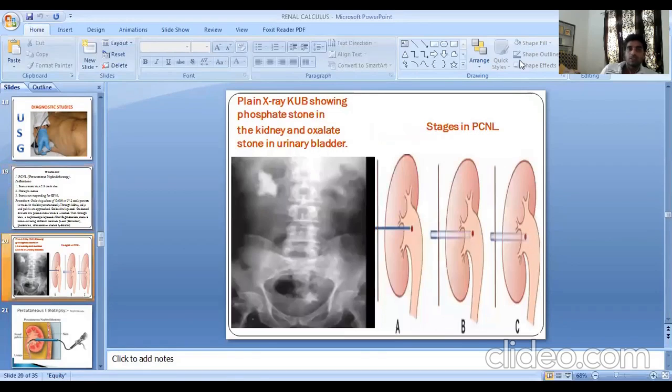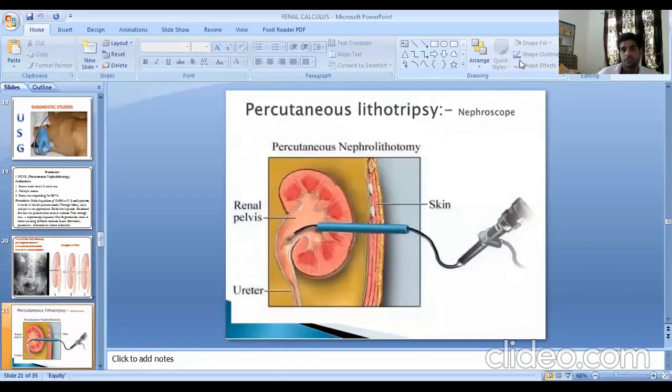Plain X-ray KUB showing phosphate stones in the kidney and oxalate stone in urinary bladder. As you can see in this diagram, stages in PCNL, A, B, and C. This is the percutaneous lithotripsy.